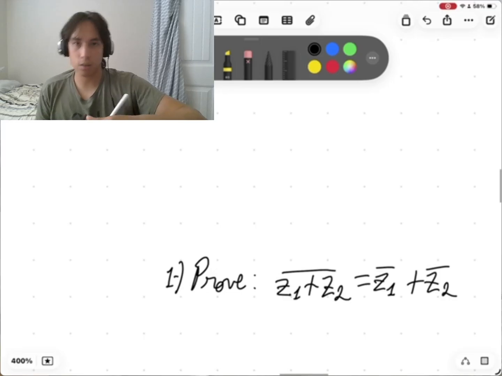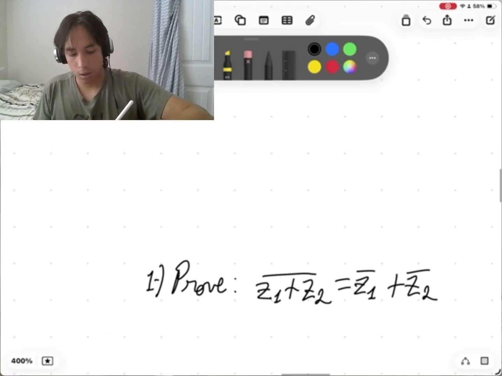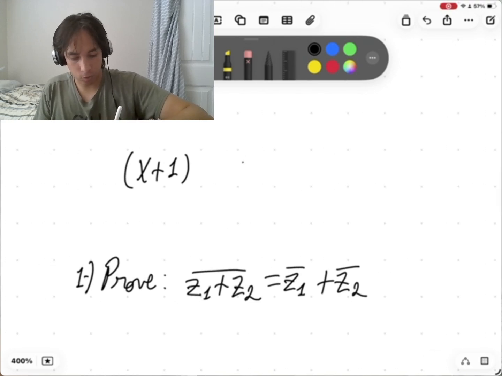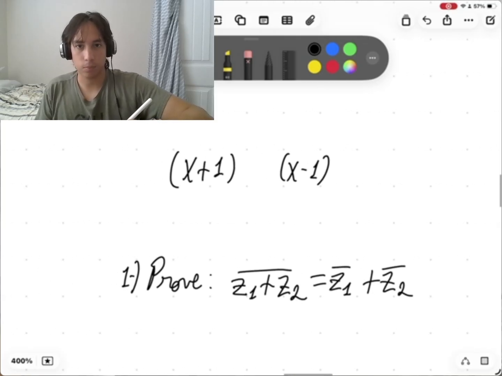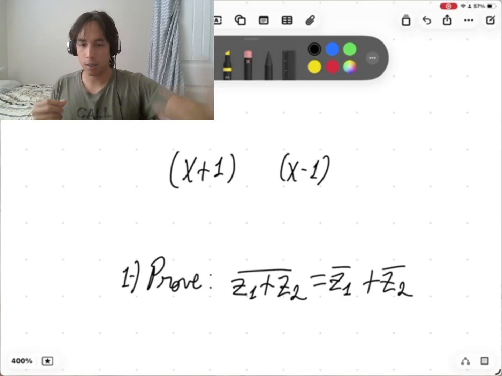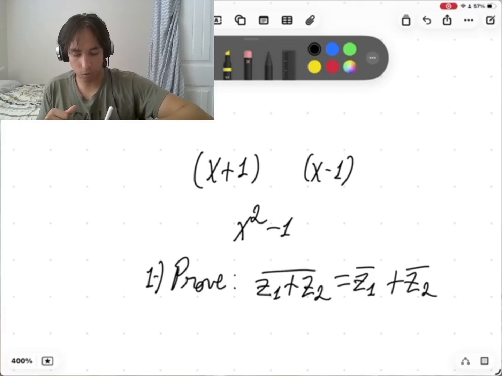So the complex conjugate is just like the conjugate of a polynomial. As you know, the conjugate of x plus 1 is x minus 1. Basically, whatever behaves like a difference of two squares is the complex conjugate, because x plus 1 times x minus 1 is x squared minus 1 squared.